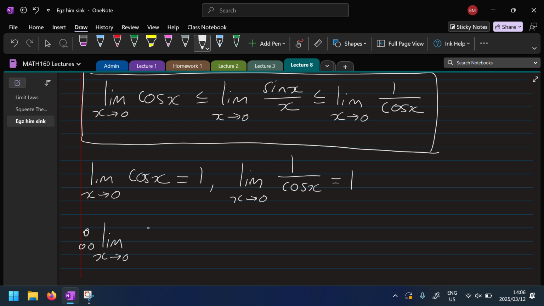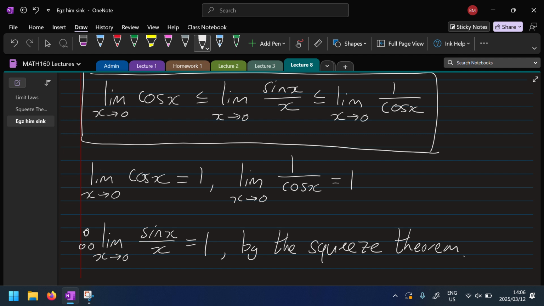Limit x goes to 0, sine x over x, the middle one, which is the one we wanted to show, must be also 1, because the left and the right was 1 as well. By the squeeze theorem. And that's it for the proof.